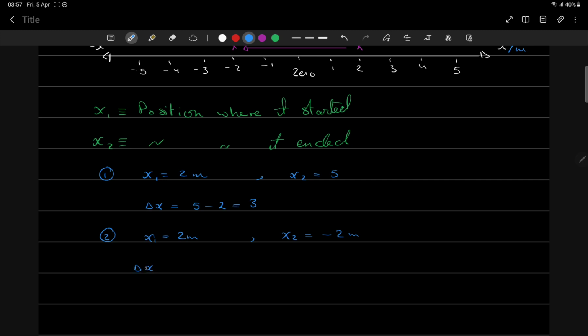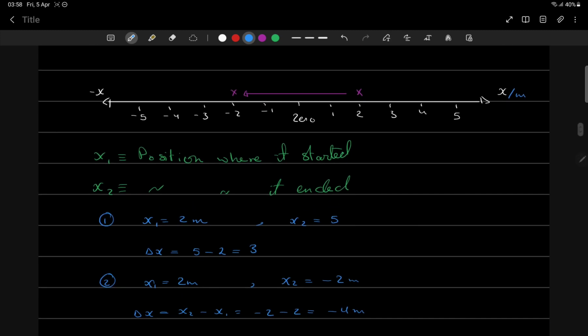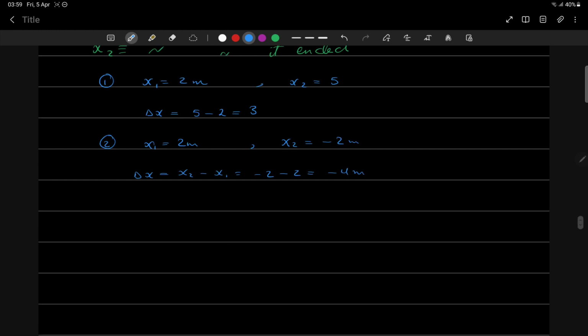Delta x is going to equal x2 minus x1. x2 is negative 2 and x1 is 2, which equals negative 4 meters. So delta x here is now negative 4.